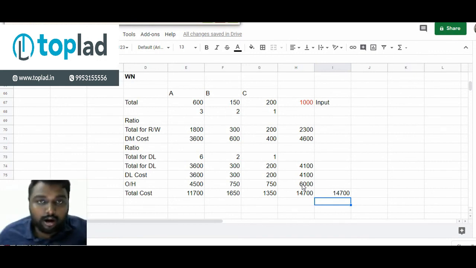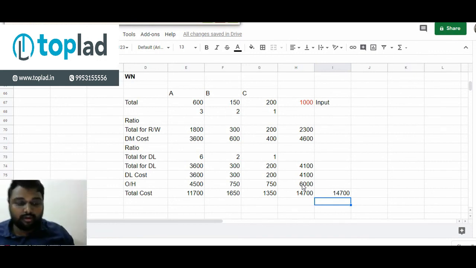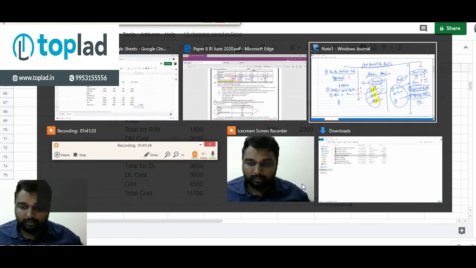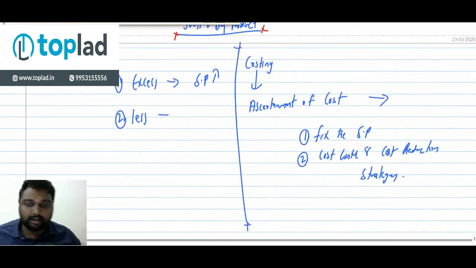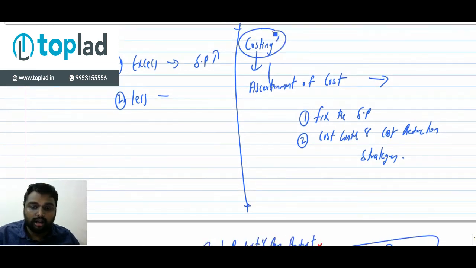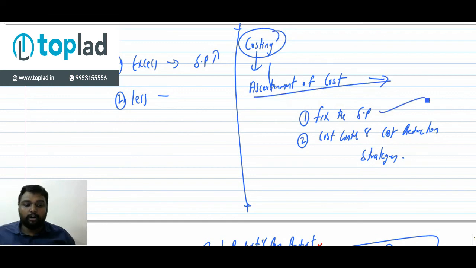What are all the discussions we have done today so far? We started discussing joint products: what is meant by joint product, how the costs are ascertained, and how this is important for fixation of selling price.